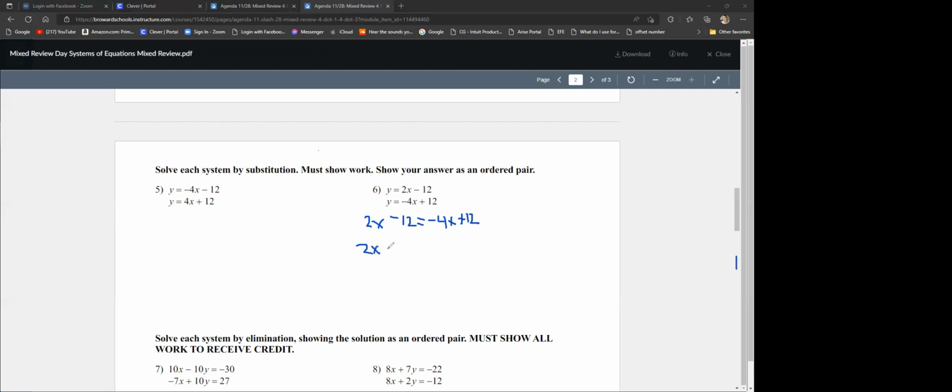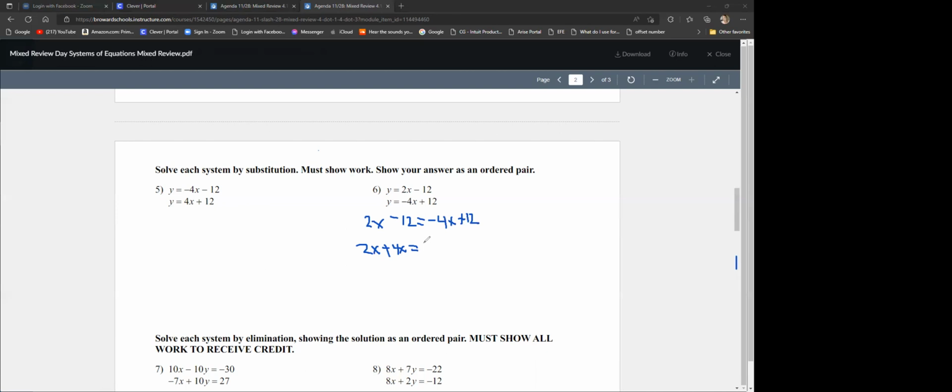2x, yep. Plus 4x or minus 4x? Check the sign. It's negative on the right side, so when you take it to the left side, it's the opposite sign. There you go.